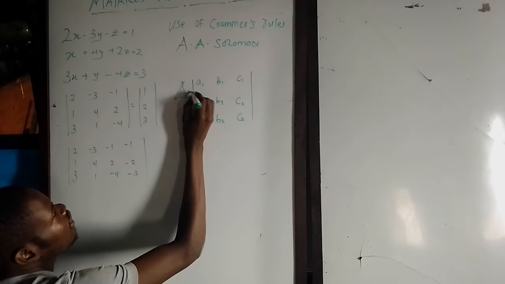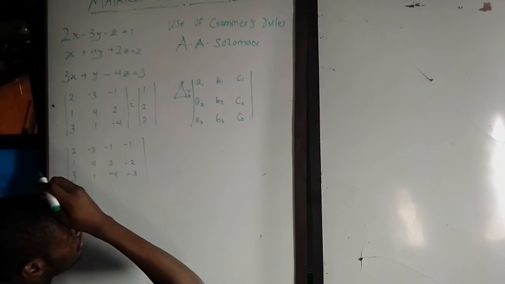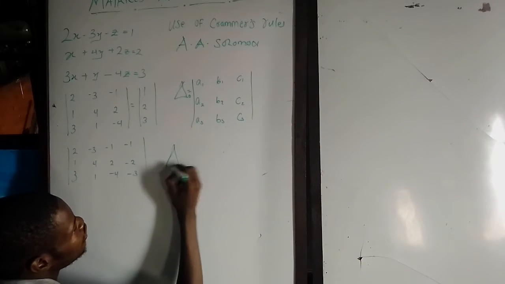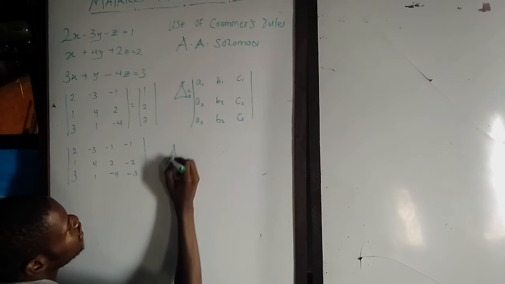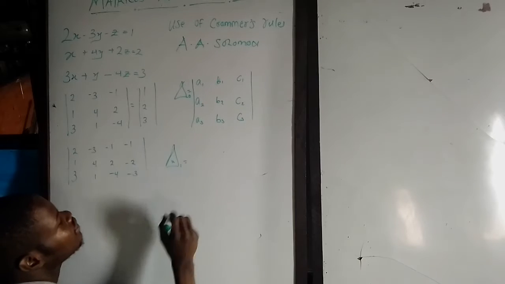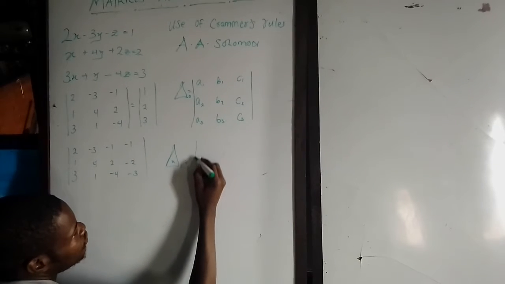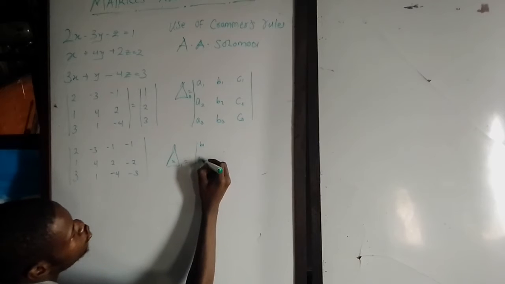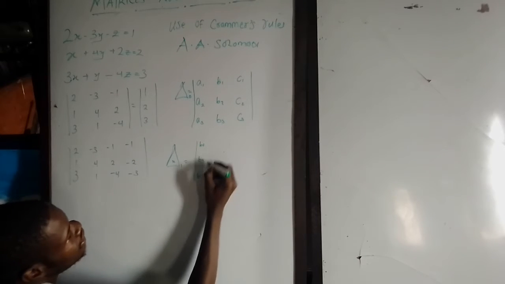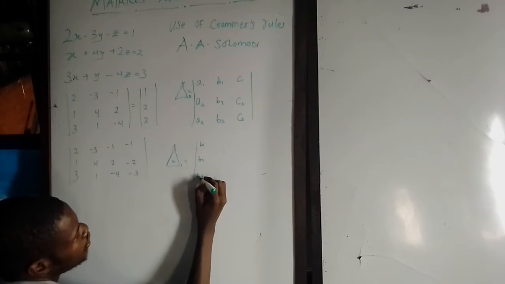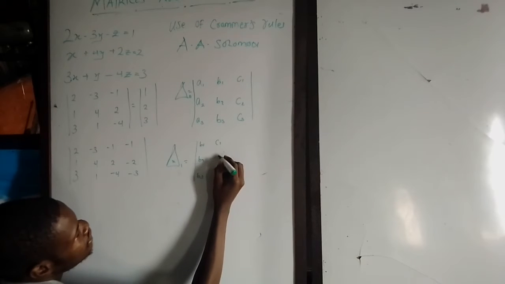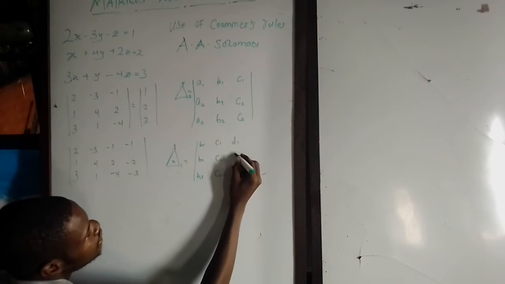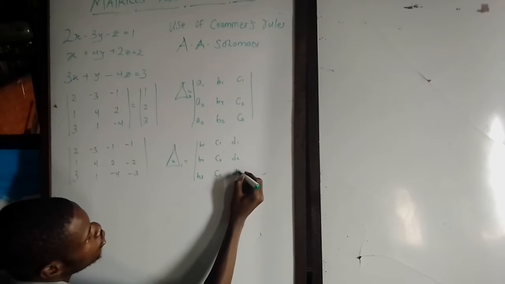There is our determinant 0. Our determinant 1 is representing x. So we are going to have B1, B2, B3, C1, C2, C3, D1, D2, D3.